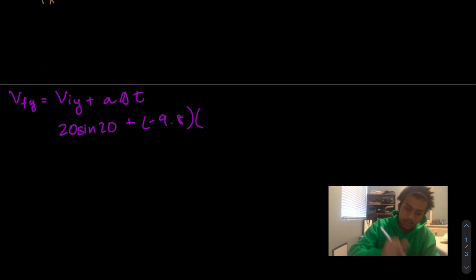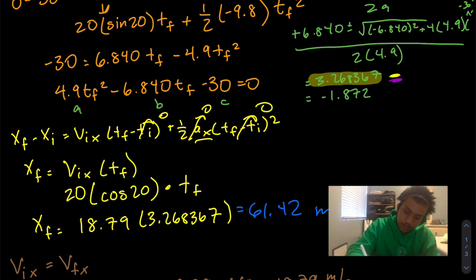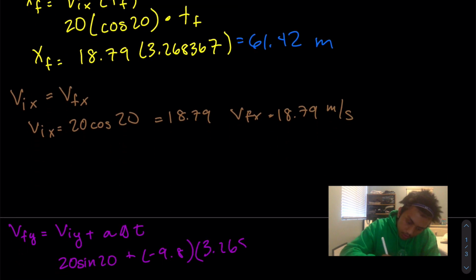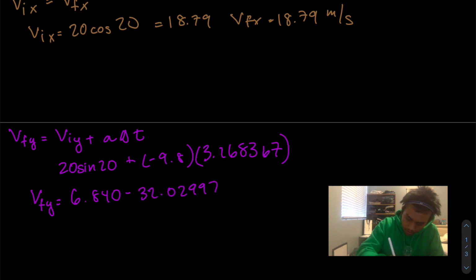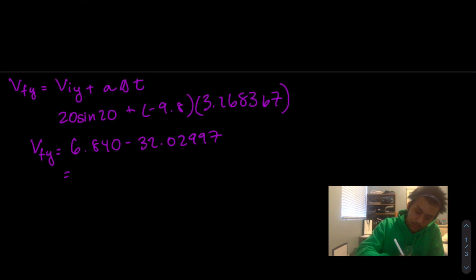V initial y, as stated above, is 20 sine 20, plus the acceleration, which I stated earlier is gravity, negative 9.8, times the time, 3.268367. So your final velocity for y is 6.840 minus 32.02997, which ends up being negative 25.19 meters per second.